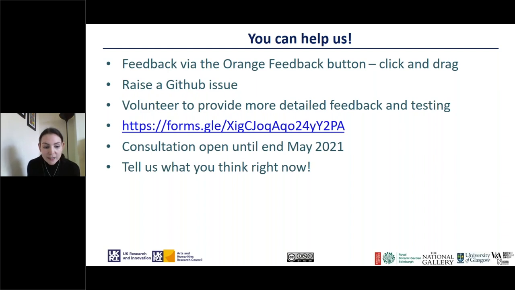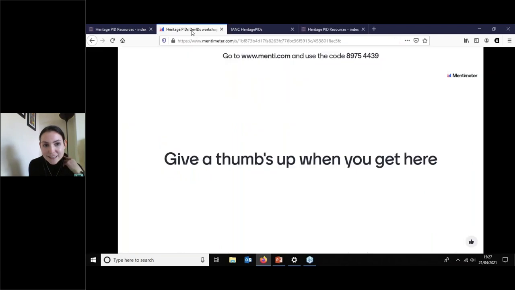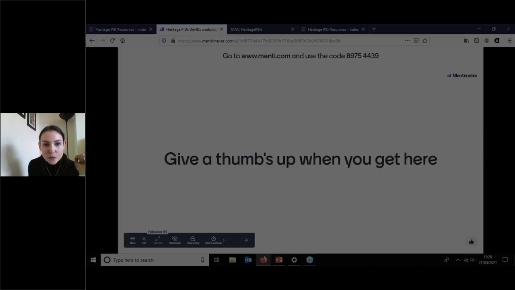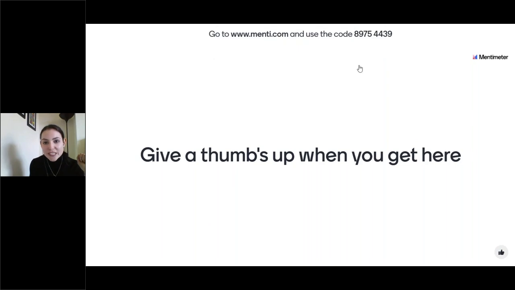I mentioned earlier that we would be keen to do some Mentimeter, and as you see there, the slide said, tell us what you think right now. So I would like to invite you to go to menti.com and enter this code up the top here, 89754439. Just to give you a chance to give us some feedback at this point.